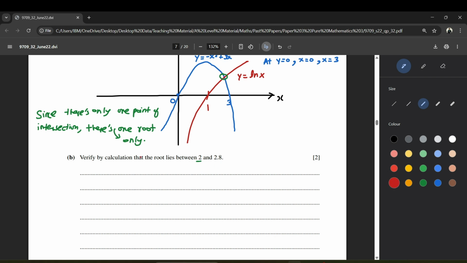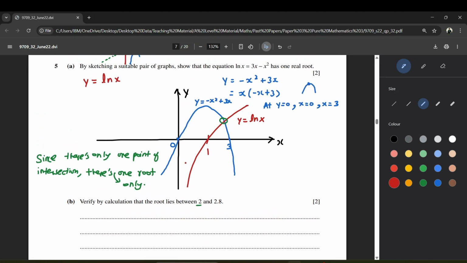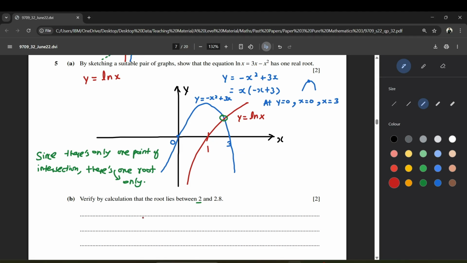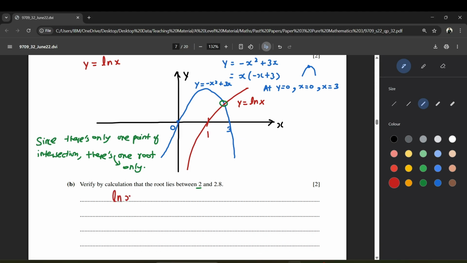Now when you need to verify this by calculation, the very first thing that you have to do is bring all the terms of the equation to one side and make the other side equal to 0. So we have ln x equals 3x minus x squared. I'm going to move 3x minus x squared to the left hand side so that this becomes ln x plus x squared minus 3x equals 0.